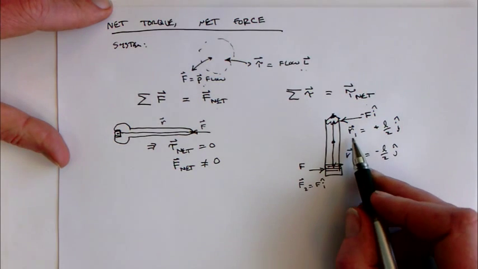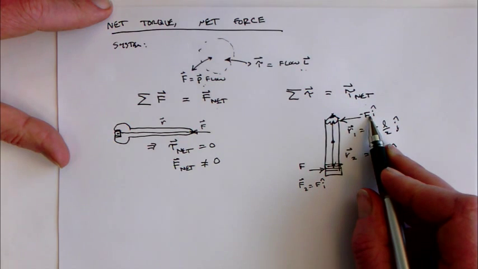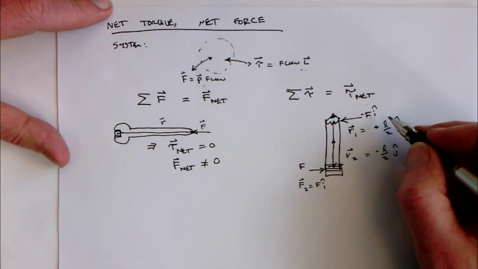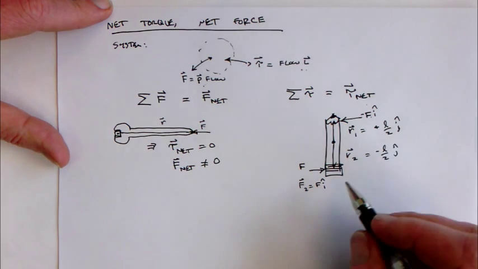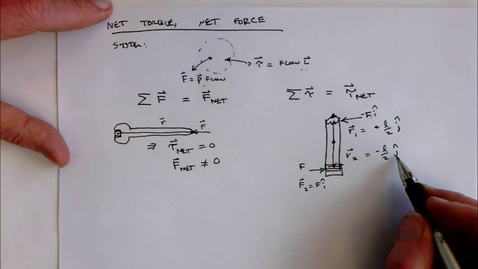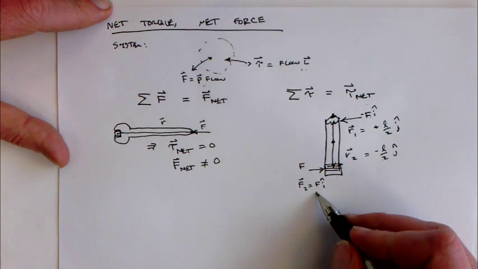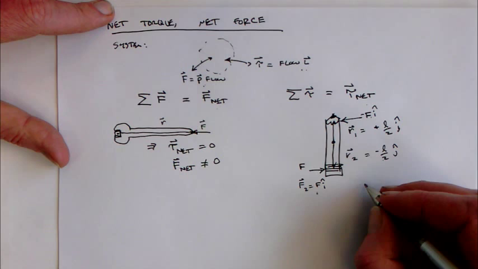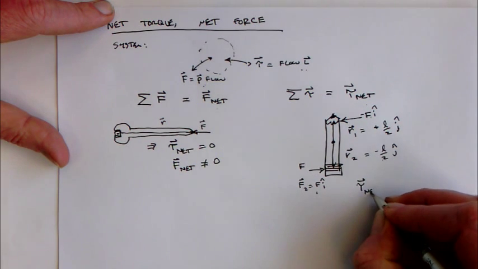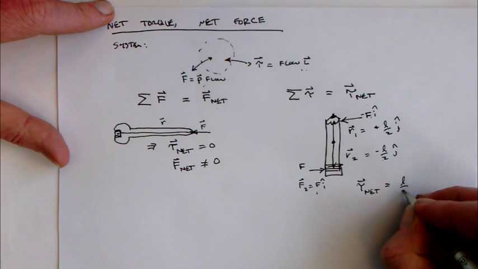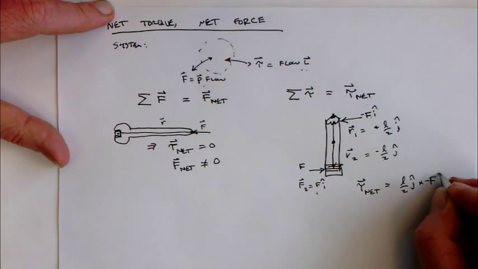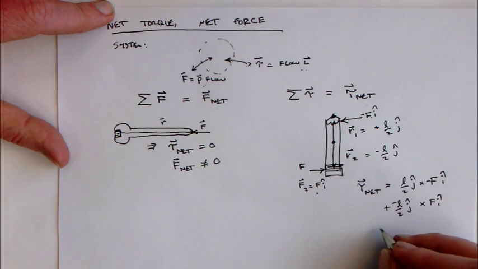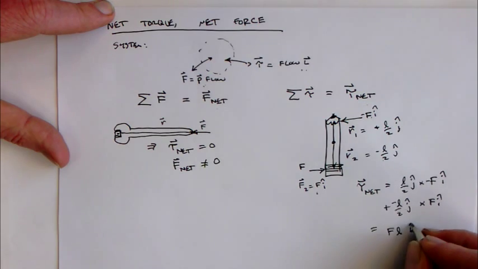And when I take the cross product of r1 cross minus F in the i hat direction, I get an answer of plus L over 2 times F times k hat. And by the same token, when I take the cross product of minus L over 2 in the j hat direction with F in the i hat direction, I get plus L over 2 times k hat times F. So the net torque in this system is L over 2 j hat cross minus F i hat plus minus L over 2 j hat cross F i hat, or F times L in the k hat direction.